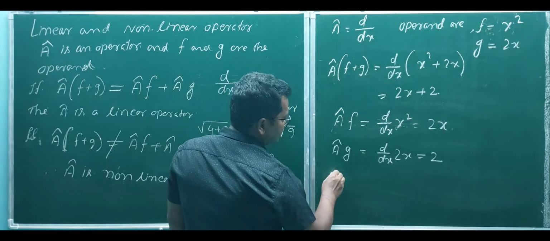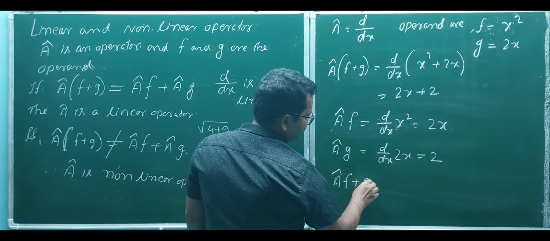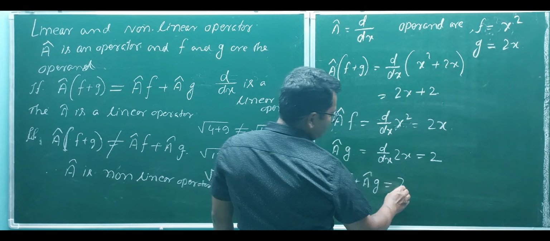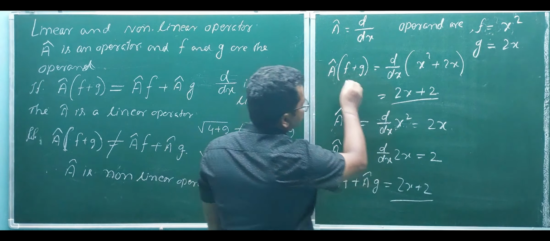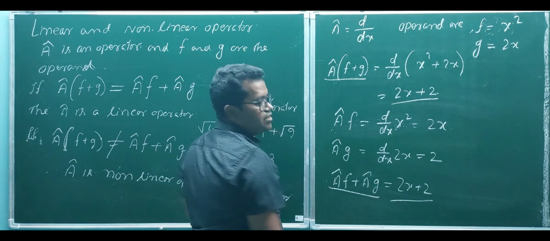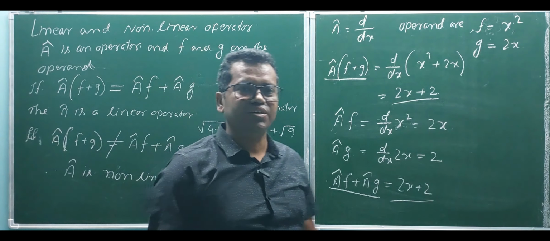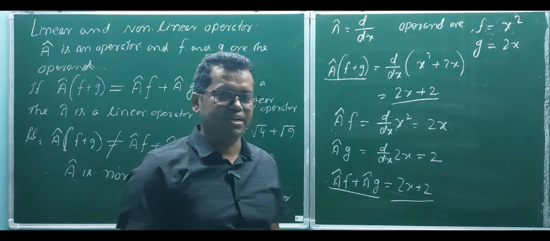Therefore A cap f plus A cap g equals twice x plus 2. So twice x plus 2, twice x plus 2. The sum is the same, so d/dx is a linear operator.